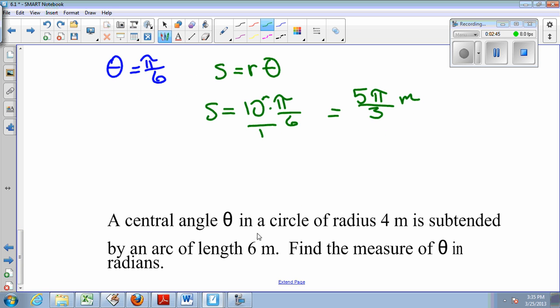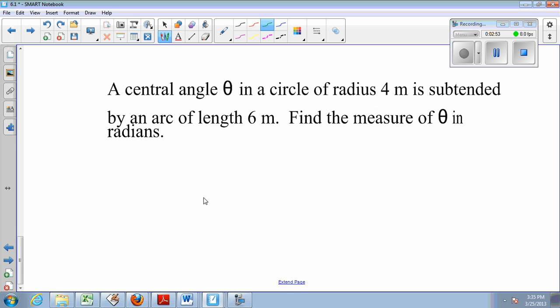A central angle theta in a circle of radius 4 meters is subtended by an arc of length 6. Find the measure of theta in radians. So now we have a radius of 4 meters, arc length s is 6, so we want to find theta. Theta equals s over r.